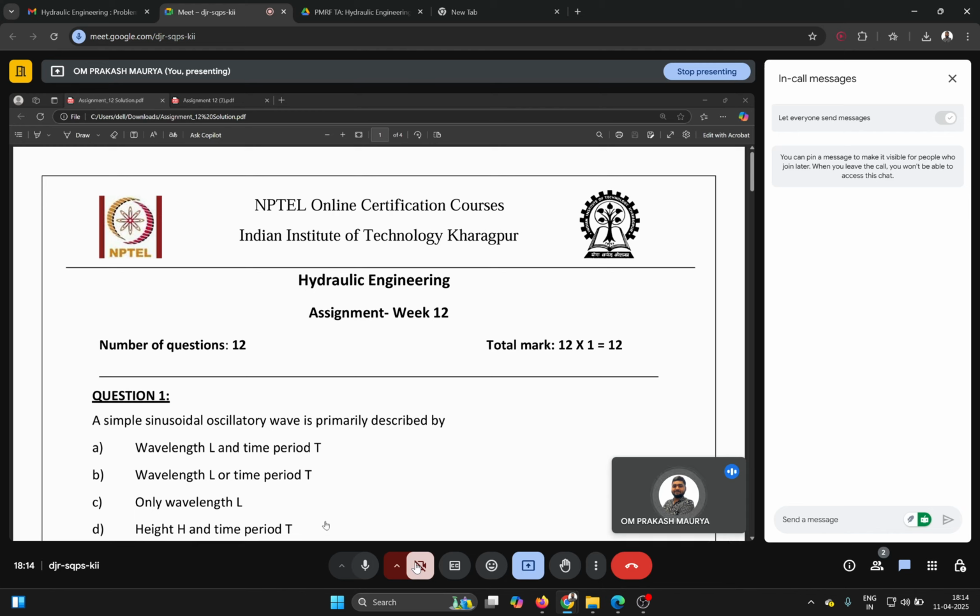So the question is asking about what a simple sinusoidal oscillatory wave is primarily described by. Whether you need two components, that is wavelength and time period; option B, only L or only T; option C, only L; or whether height and time period are required.